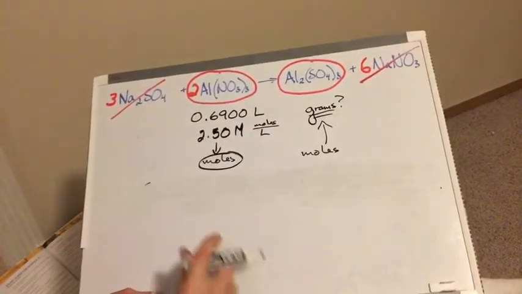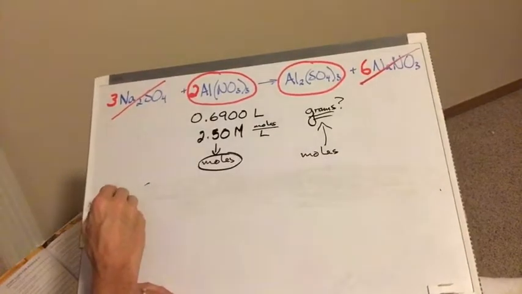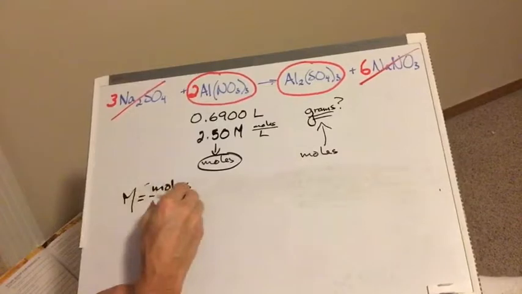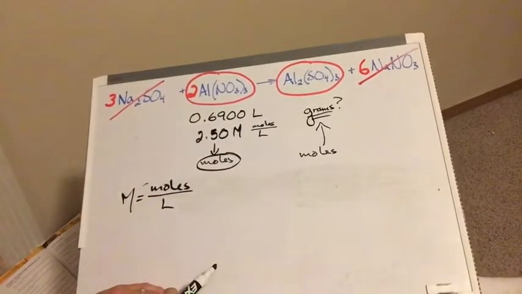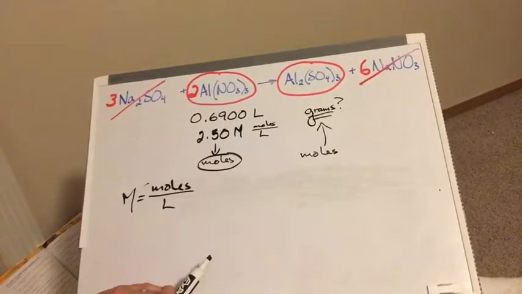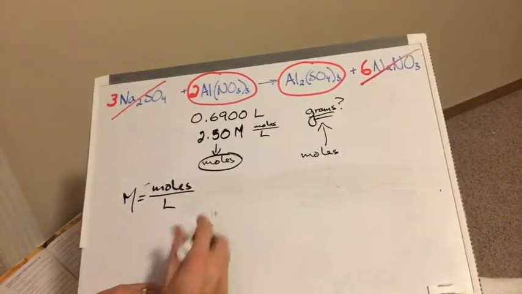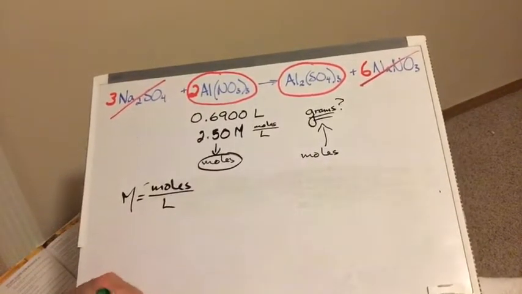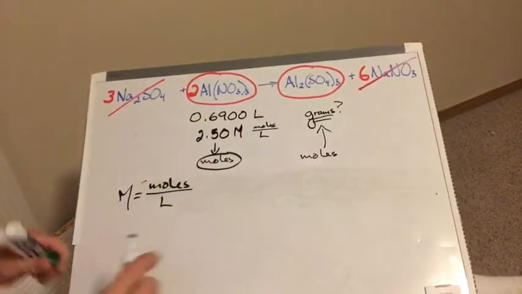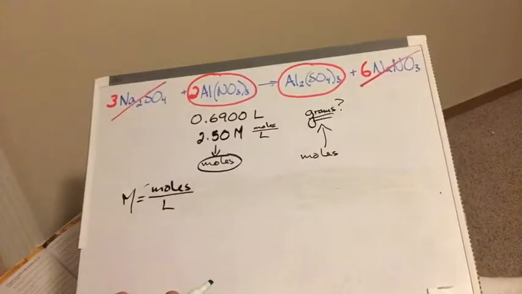So we do know that molar is the same as moles of solute over liters of solution. So if I did a little algebra, I could get moles on one side and the rest of these on the other side.